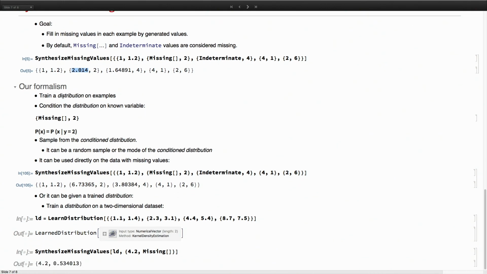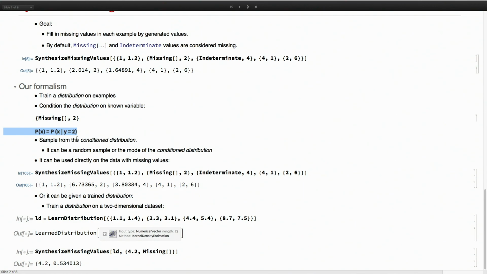The formalism is that we train a distribution on non-missing data, and then we condition that distribution on known variables. For example, here the first variable, x, is missing. So we condition on y, the second variable, and we find this conditioned distribution, and we draw a sample from it.